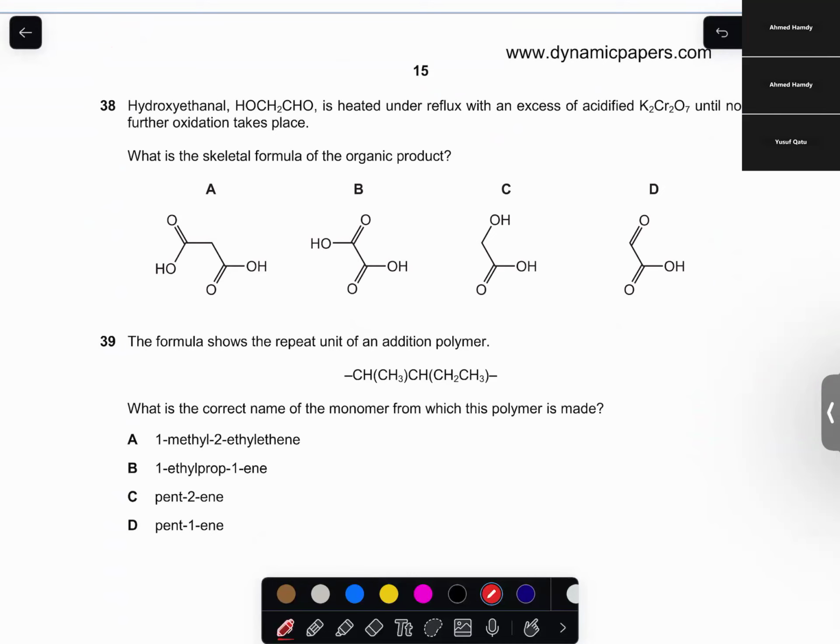Question 38. Hydroxyethanal is heated under reflux with excess acidified manganate until no further change. Here we have an aldehyde and an alcohol group. If we heat the aldehyde with dichromate or potassium manganate, it becomes COOH. And the alcohol, when we oxidize it, also becomes COOH.